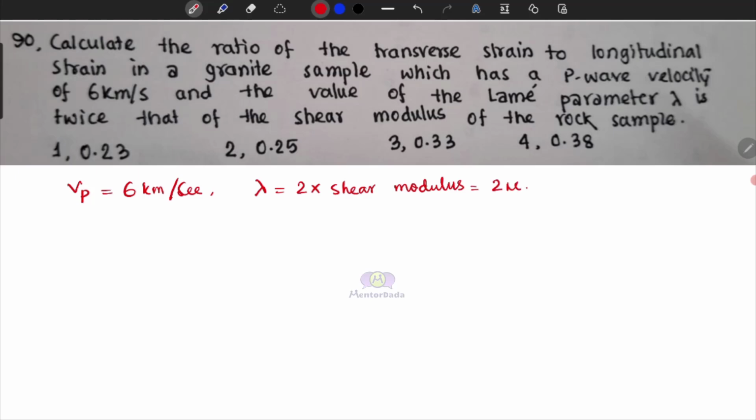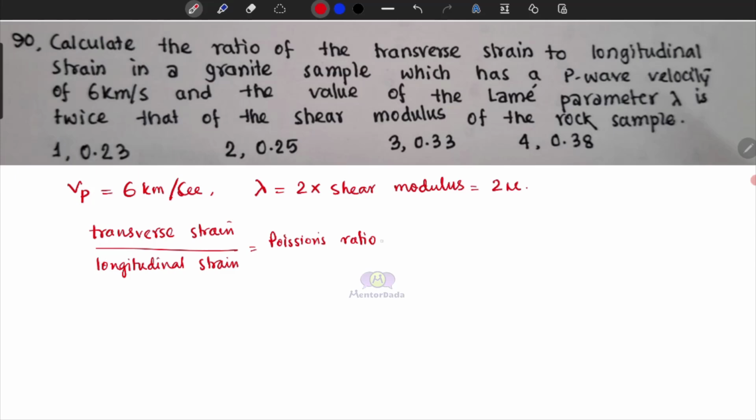Now we know that there is a relation between transverse strain and longitudinal strain with the Poisson's ratio. The relation is: transverse strain by longitudinal strain equals the Poisson's ratio.